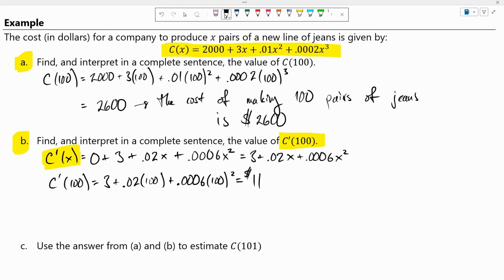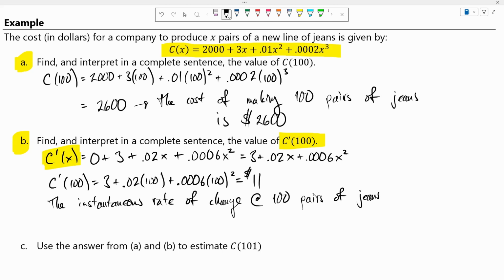Okay? Now I'm going to do the interpretation. The instantaneous rate of change at 100 pairs of jeans is $11 per jean.